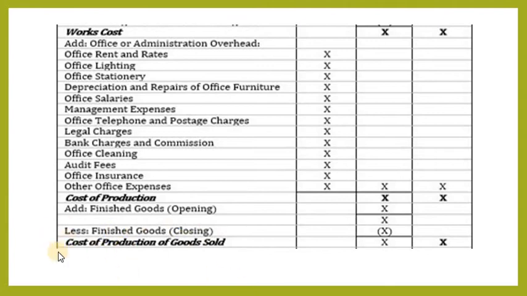Then we are getting the cost of production of goods sold, or cost of goods sold. Okay, this is the third step included in our cost sheet.